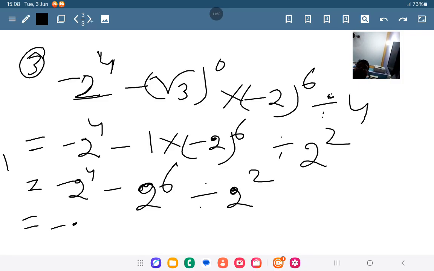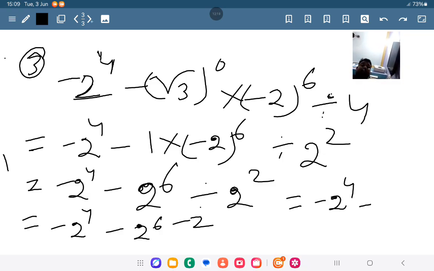It will be minus 2 to the power 4 minus 2 to the power 6 minus 2. So it is equal to minus 2 to the power 4 minus 2 to the power 4. It will be minus 16 minus 16, which is minus 32, is the answer.